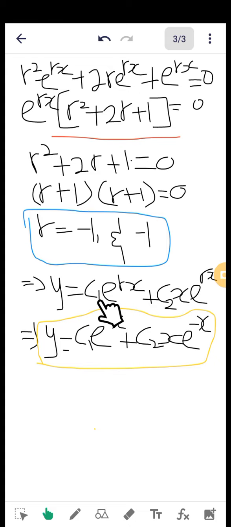So my first constant times e exponent -x plus c2 x e exponent -x. Otherwise, without x, it would be a repetition of the first term.